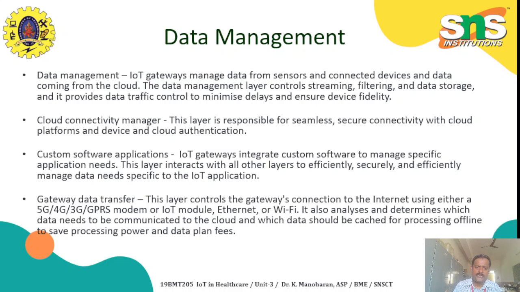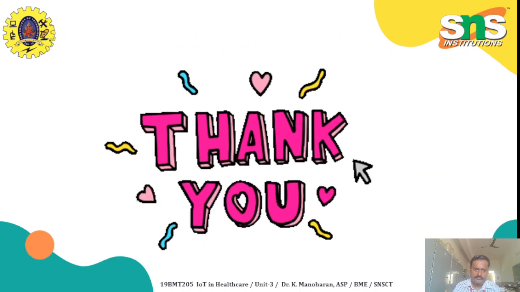It also analyzes and determines which data needs to be communicated with the cloud and which data to be cached for offline processing to save processing power and plans. We have some data stored locally and some data stored in the cloud. Which data should be stored in the cloud or processed locally is decided by this gateway data transfer.